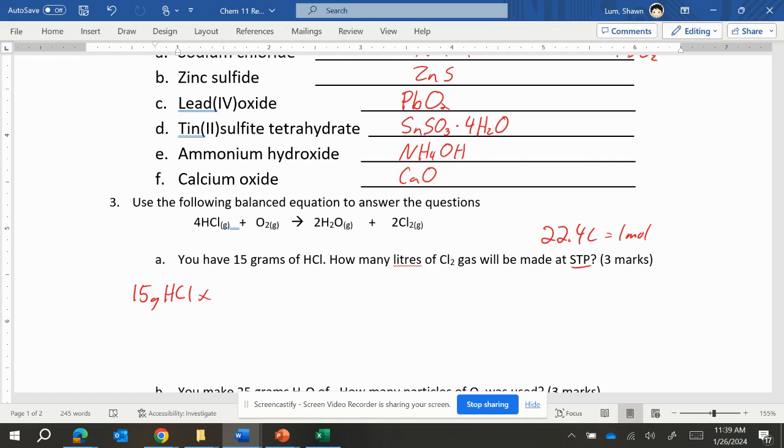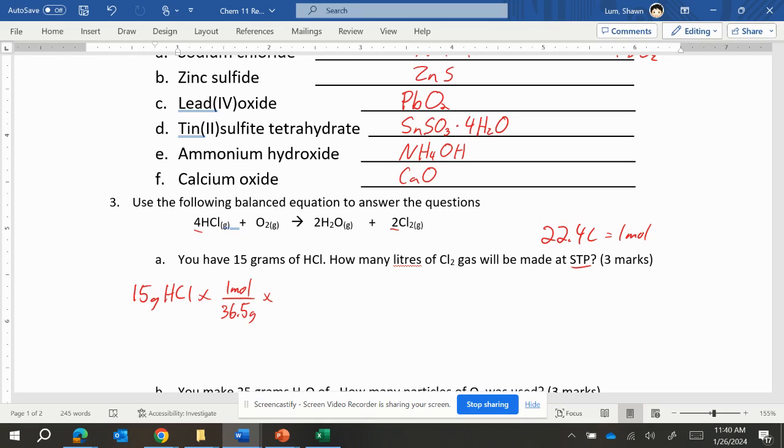Nibala would say go over the mole bridge. In other words, what we're doing is we're converting it to moles. So we want 1 mole over, and then I need to find the molar mass of HCl. So Cl is 35.5, hydrogen is 1, so 36.5 grams. So now I'm in moles of HCl, and now I'm going to convert it into moles of chlorine gas.